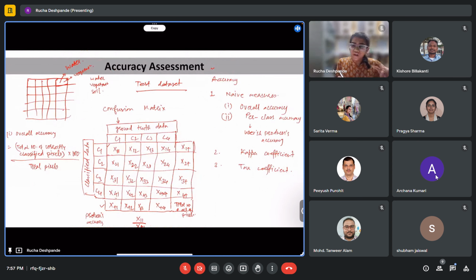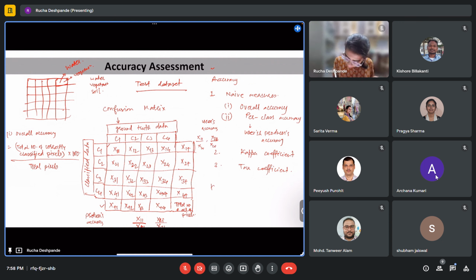Similarly for class 2, it will be x21 divided by x plus 2 and so on. And similarly for user's accuracy, it will be the total number of pixels rightly classified as class 1 divided by the total number of pixels classified into class 1. So it will be x11 by x1 plus, x22 by x2 plus, and so on.